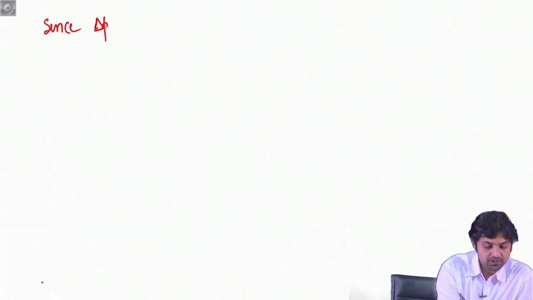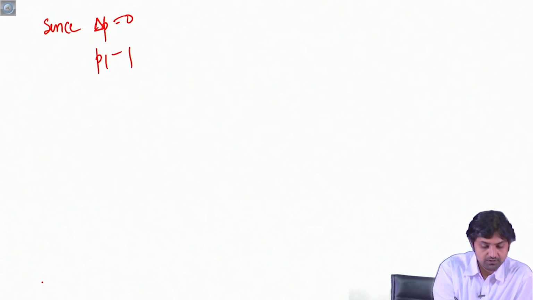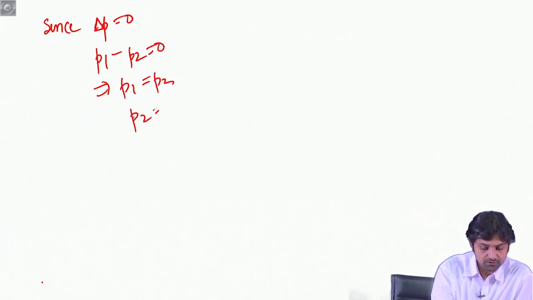Since delta P is equal to 0, P1 minus P2 is equal to 0, so P1 is equal to P2 and P2 is equal to how much? Sorry, P1 is equal to 200 kilopascal, or yes, P3, sorry.